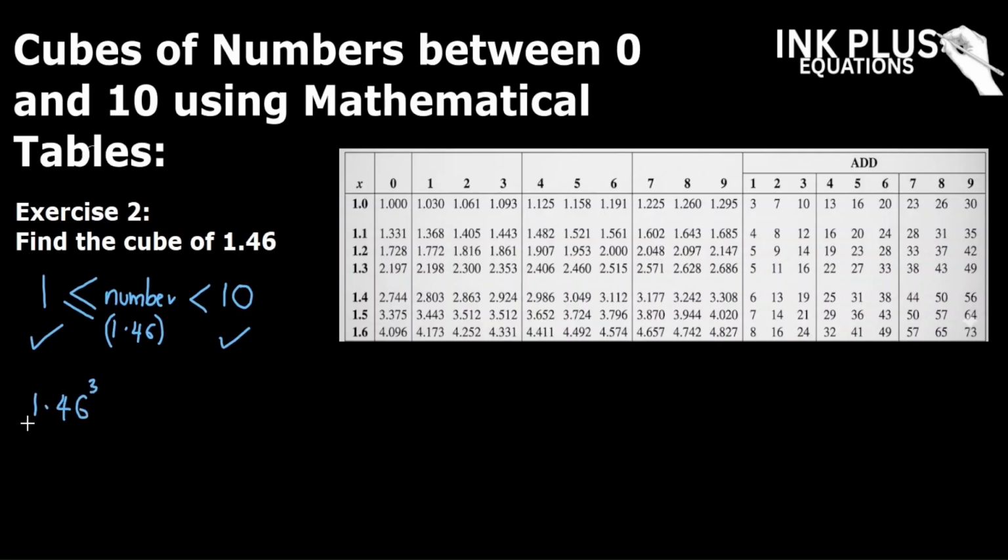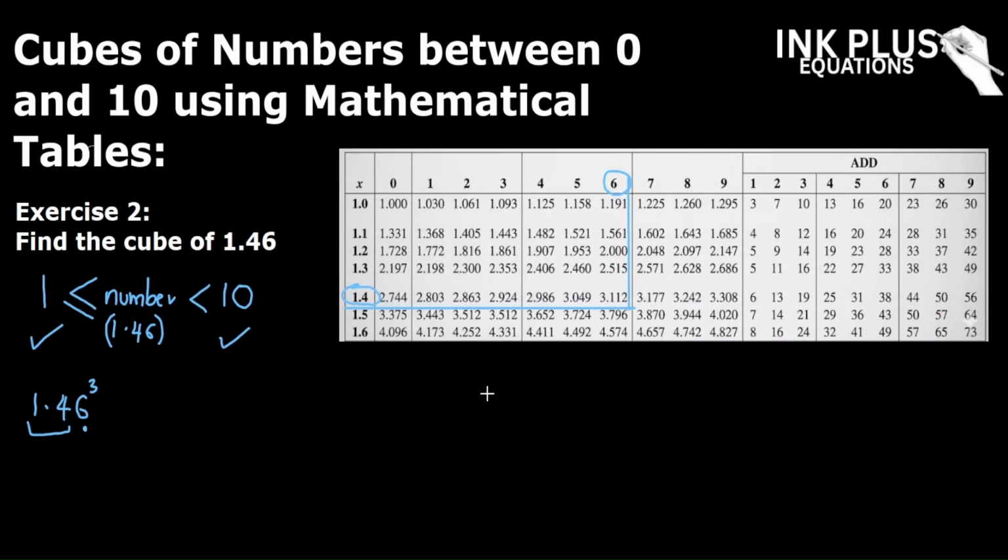1.46 cubed. We're going to start with this, 1.4. 1.4 again is right here. Now we have a 6. The 6 is right here. So we're going to draw 2 lines and find the intersection. We're going to draw our first line here, and we're going to draw our second line here.